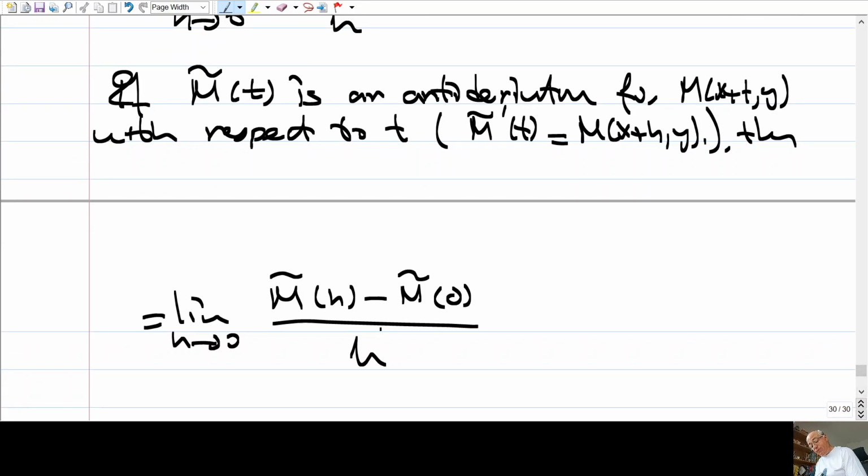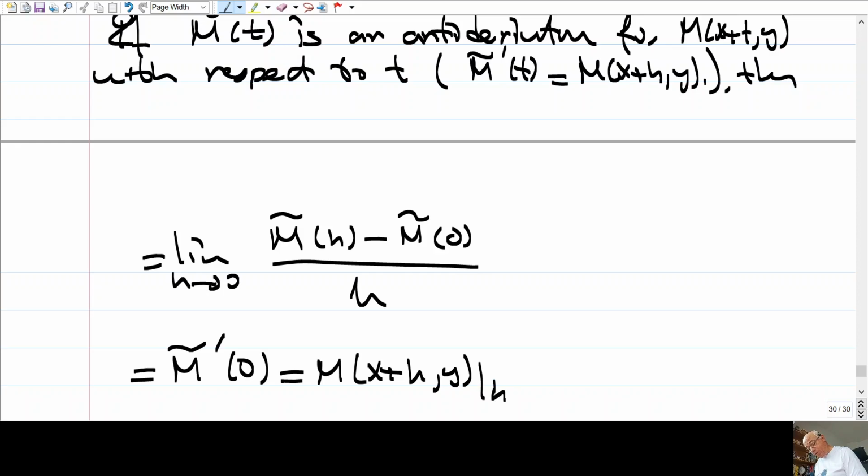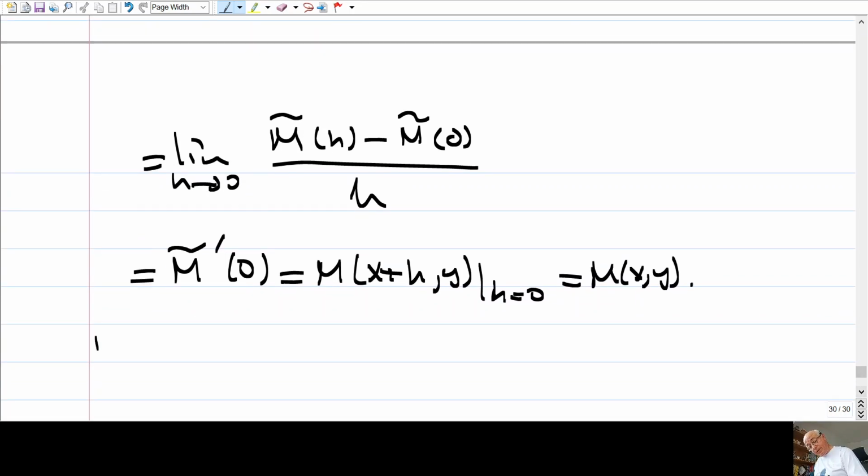This is nothing but the definition of the derivative. So this is just m tilde prime at 0. What is m tilde prime? It is just m at x plus h comma y at h equals 0. Well, that is just m of x y. So what we have seen is, hence, the x derivative of psi of x y is equal to m of x y.